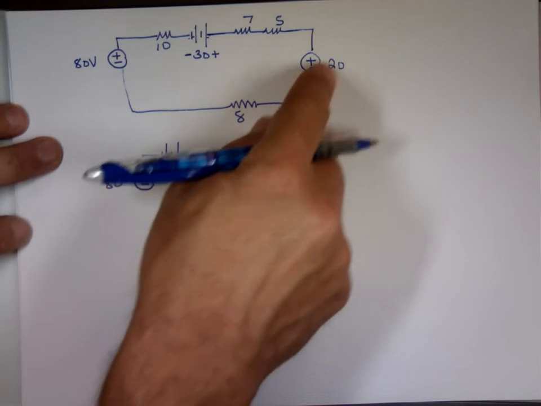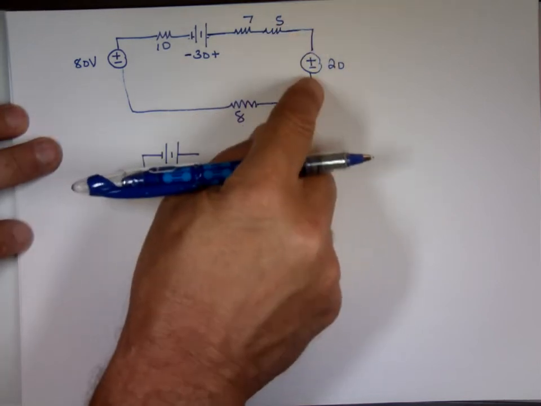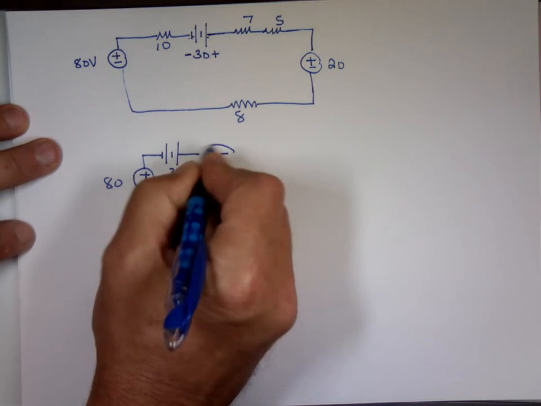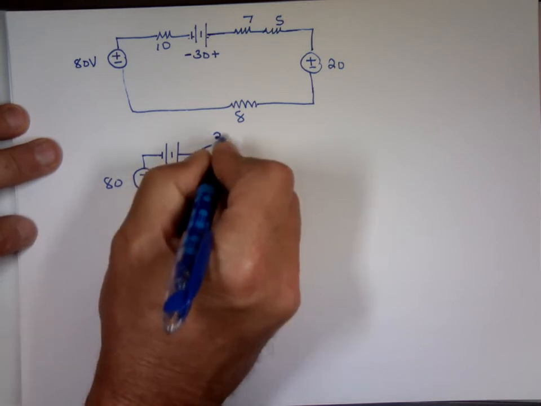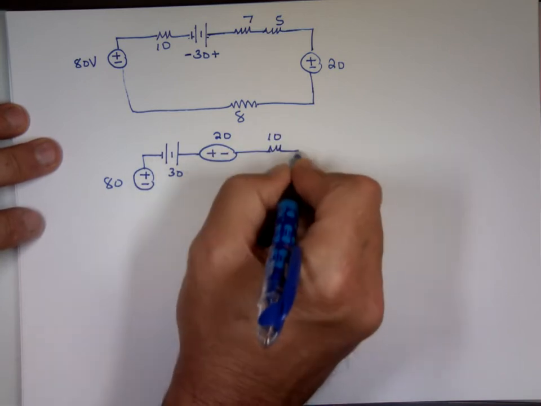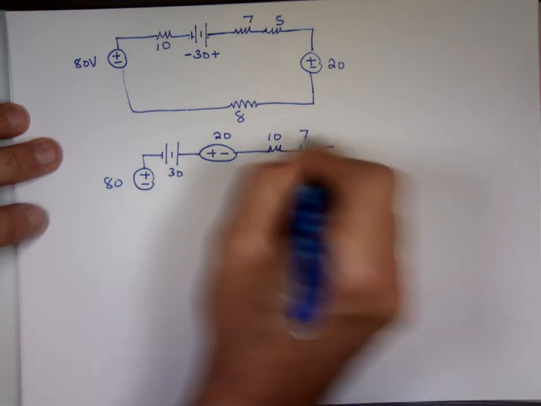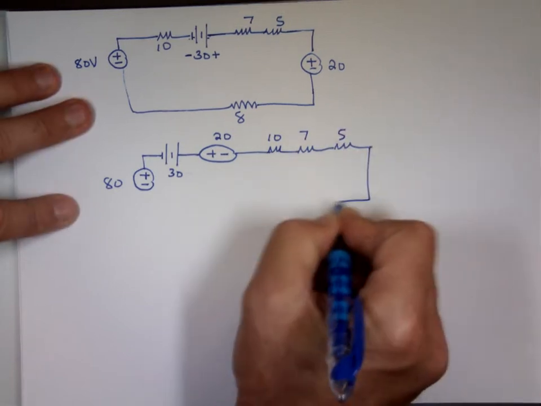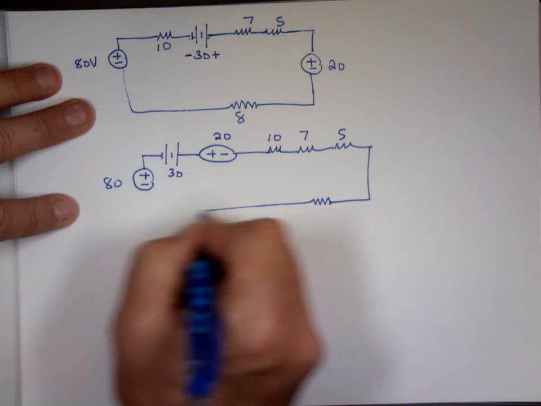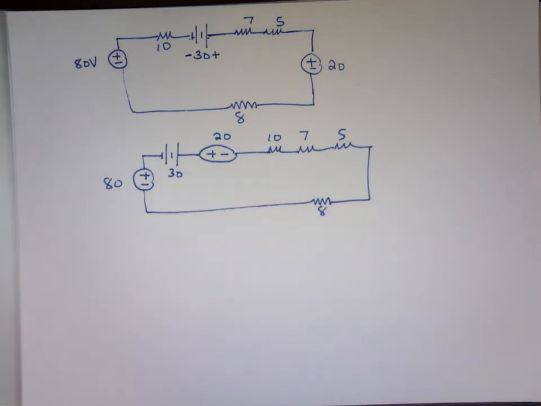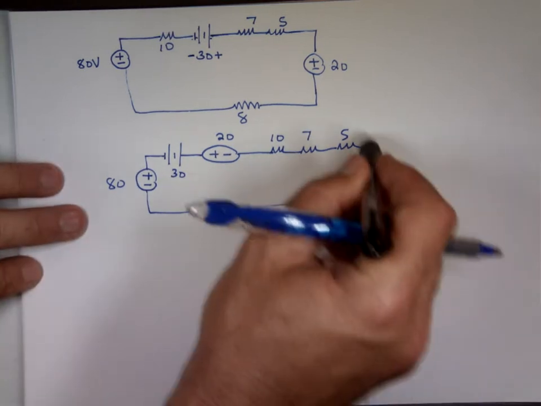I'm going to move that source here. Notice the plus on the top, the minus. I'm going to slide it all the way next to this. Now put the rest of the resistors. So I just move things around. Now look at these 3 resistors, 4 resistors, whatever, how many of them there.